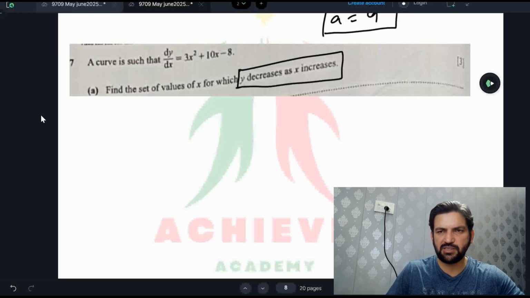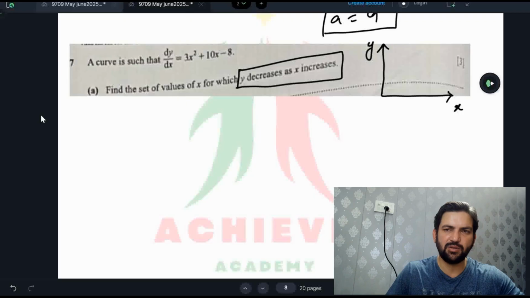So let's try to understand the concept. This one is the y coordinate, this one is the x coordinate. Now as y decreases, x increases. What does this line mean?